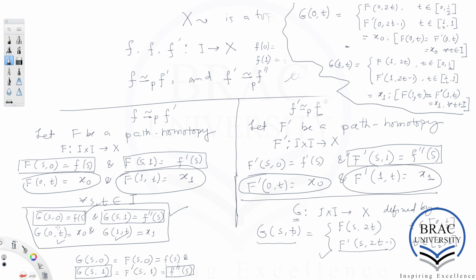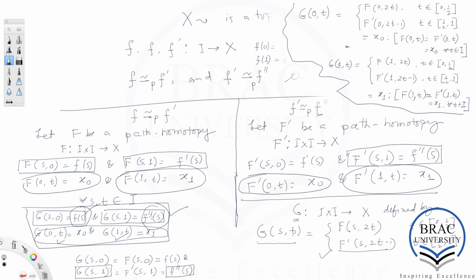So this way we check these two equalities, which proves that G is a path homotopy between the paths f and f double prime.